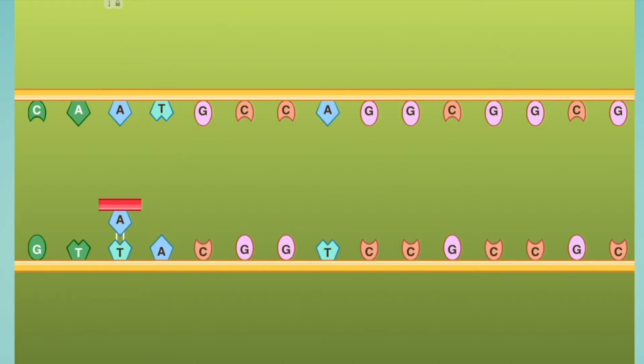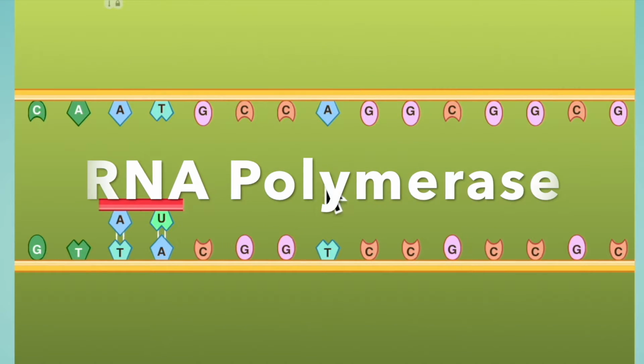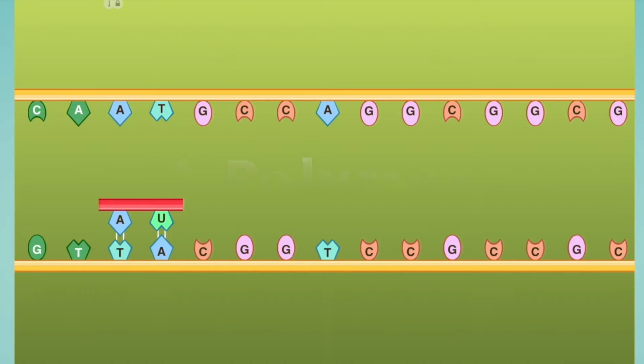Alright, so now the RNA polymerase is going to bring in one more nucleotide through base pairing. So A is going to be paired with U, that is a ribonucleotide. And then we are going to connect the backbone as well. So this is all done by our RNA polymerase enzyme. And next we have a G base paired with a C through 3 hydrogen bonds.